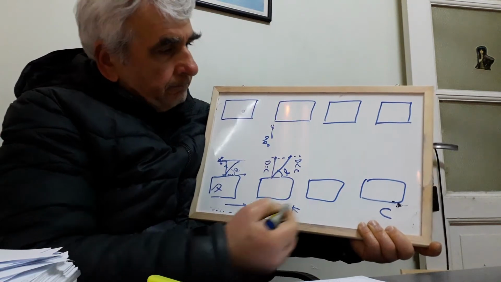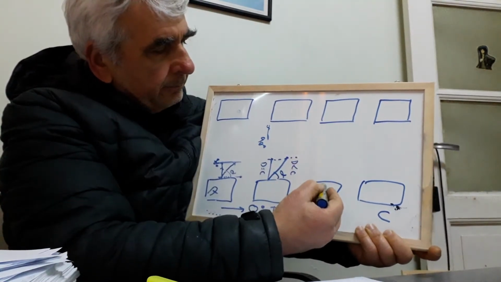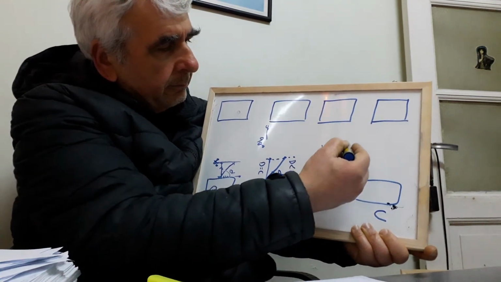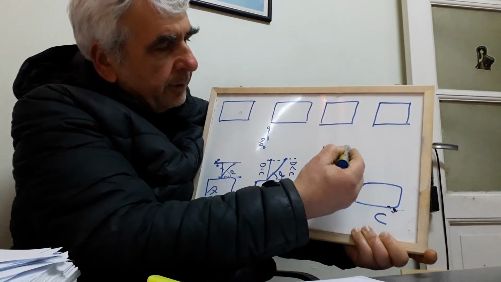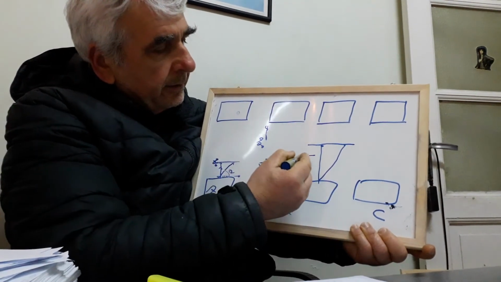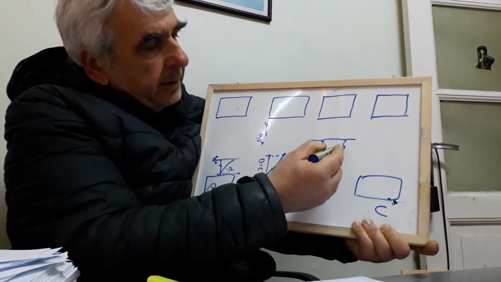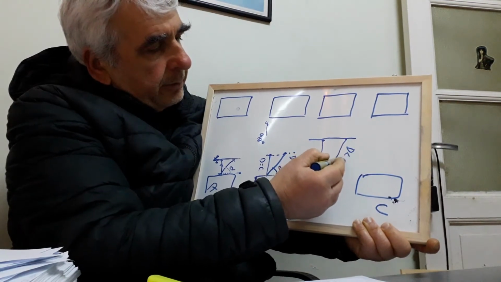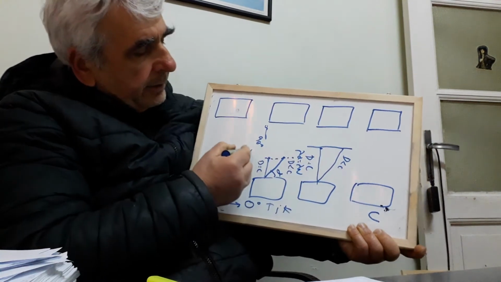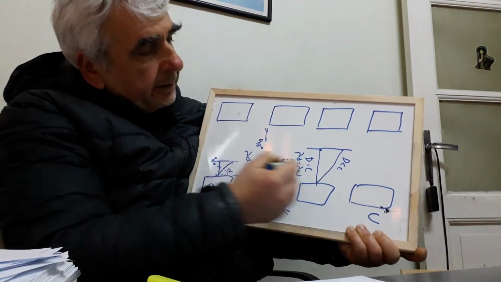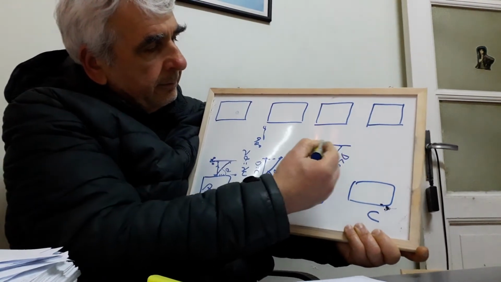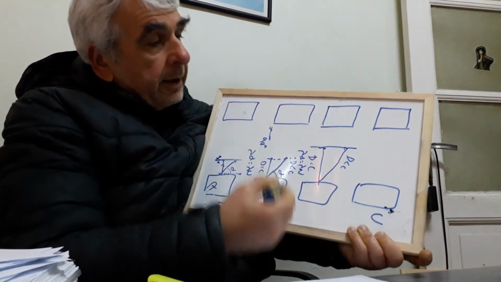Then later, this point and this point at the same time: D equals c, D smaller than c, lambda alpha equal lambda n, here lambda the same, at the same time.